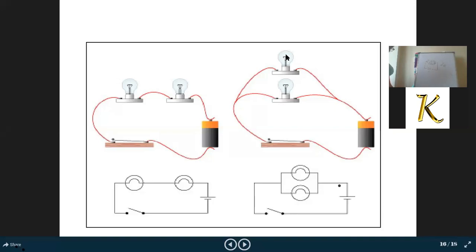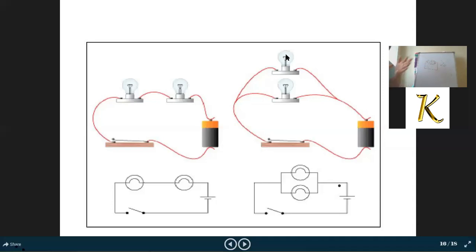Instead, they experience a resistance on account of their collision with the other electrons, and also with the ions which are present within this conductor. As a result, work has to be done to overcome this resistance, and this work done is converted into heat.